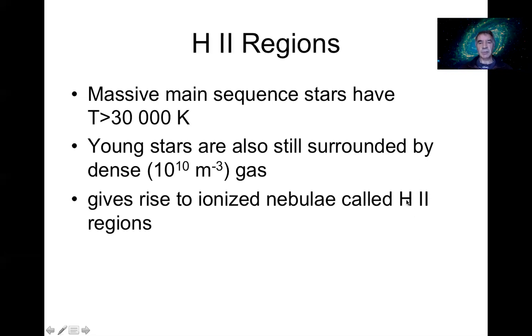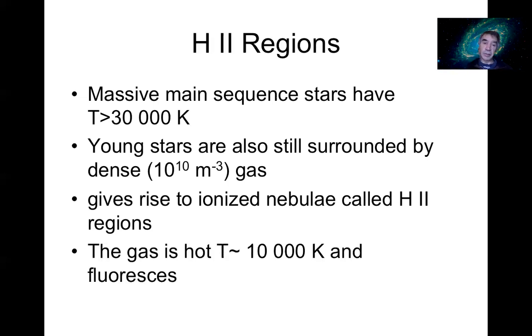When we originally looked at spectra, we were talking about H1 lines being atomic hydrogen, the Balmer sequence lines due to transitions within atomic hydrogen. So H2 is the ionized version of that. H2 means ionized hydrogen, or H plus would be the physicist notation, if you like. Basically free protons and electrons.